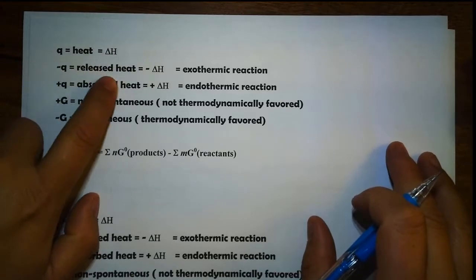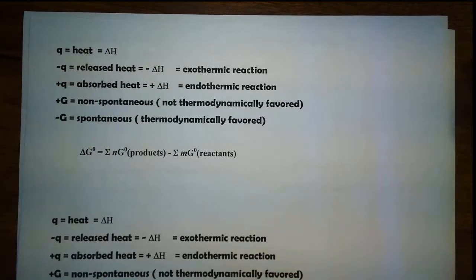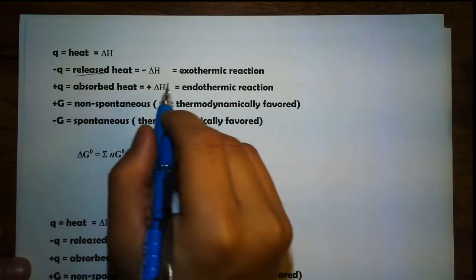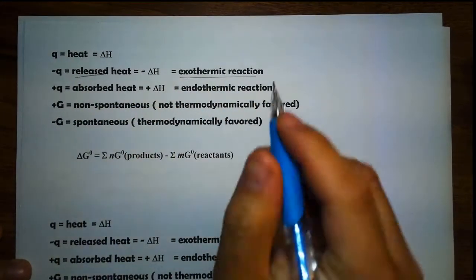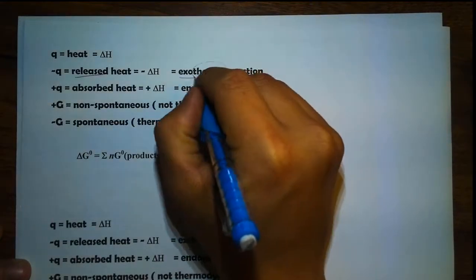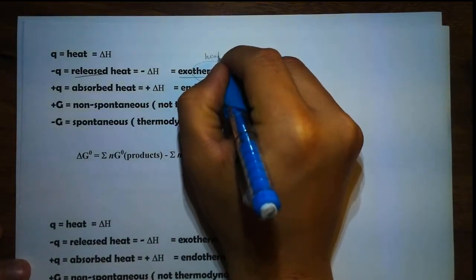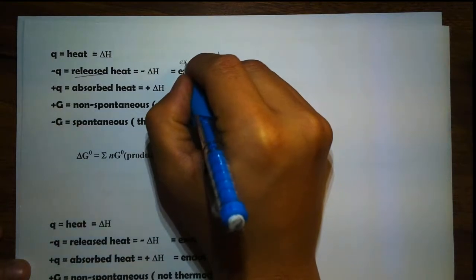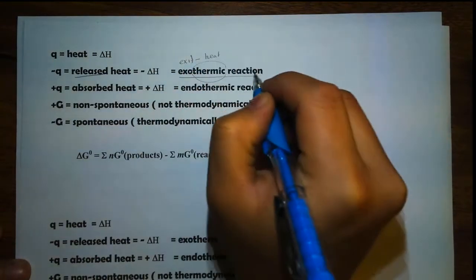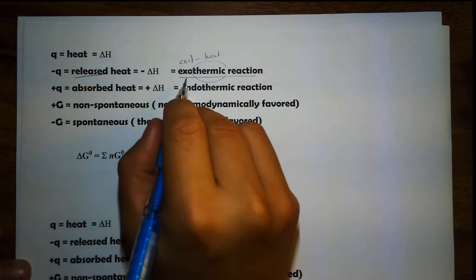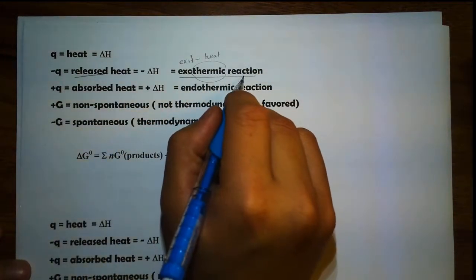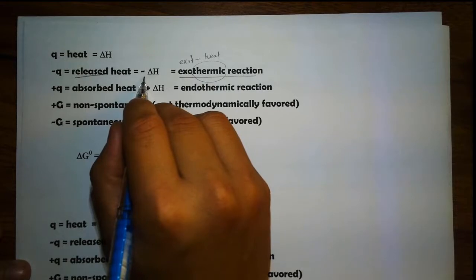And we know that releasing heat or releasing energy is also referring to an exothermic reaction. Now in exothermic, this right here is heat, or energy. Exo means exit, so you are exiting the heat, so you are releasing.